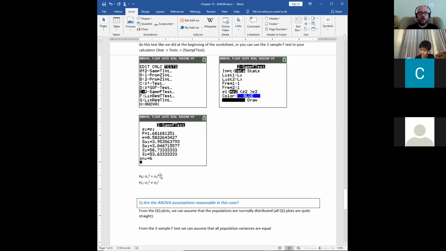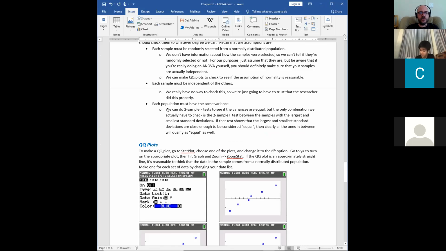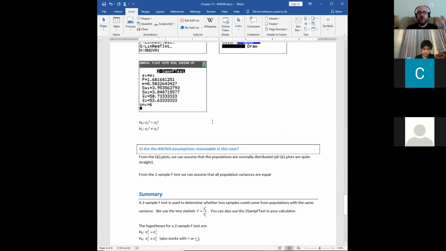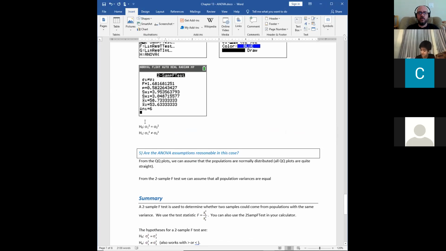That was the third assumption here. Each population must have the same variance. And the two sample F-test we did indicates that the variances are the same, which is what we wanted to see. Right, so a p-value of 0.58 means we think the variances are the same. So from the two sample F-test, we can assume that all population variances are equal.